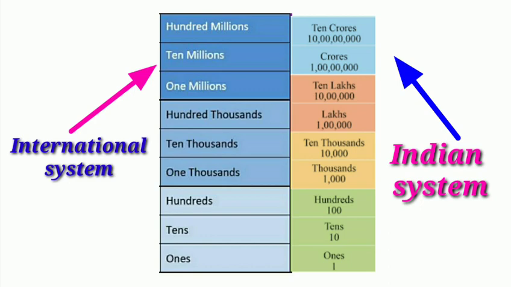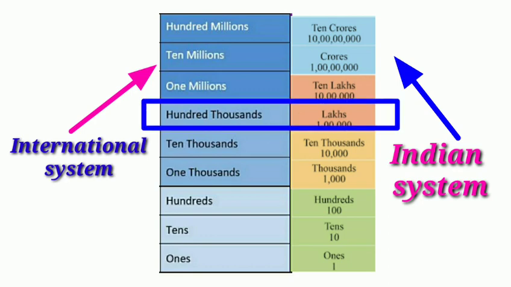5-digit numbers read in the same way in both, but 6-digit numbers are read differently. We read a lakh in Indian system, but we read 100,000 in international system. Okay children, do you observe that difference?